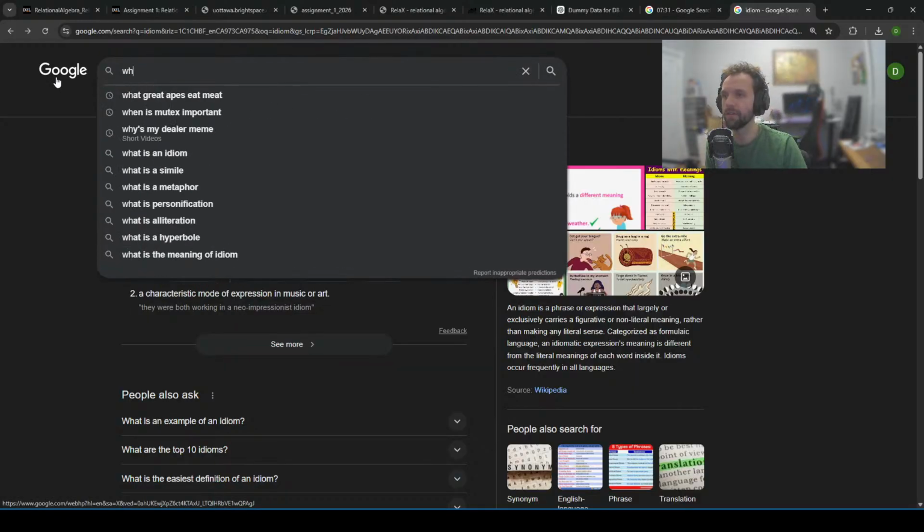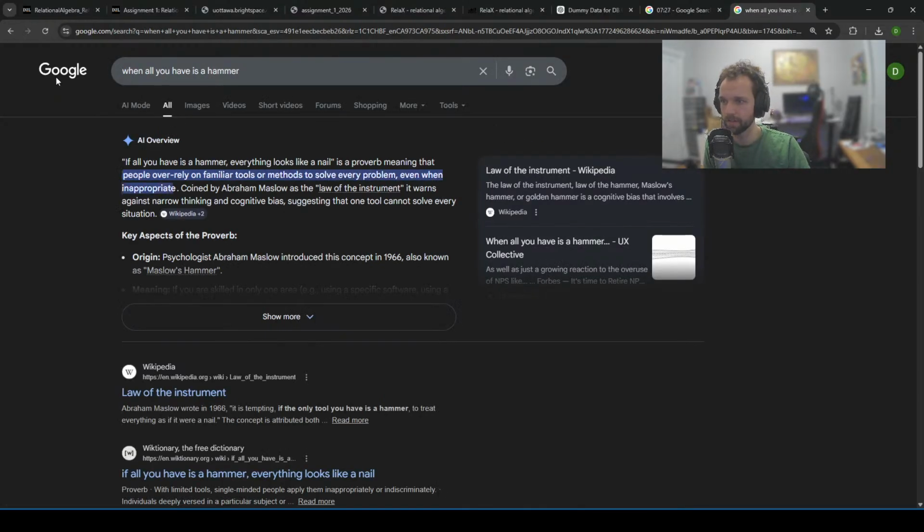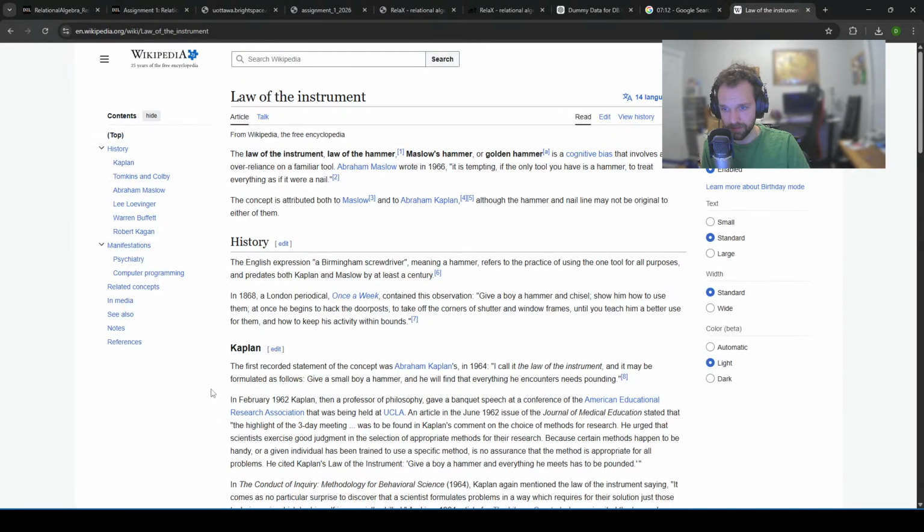Or is that like a proverb? It's a proverb. Okay. Coined by Abraham Maslow as the law of the instrument, it warns against narrow thinking and cognitive bias, suggesting that one tool cannot solve every situation. Well, that ain't gonna stop me.